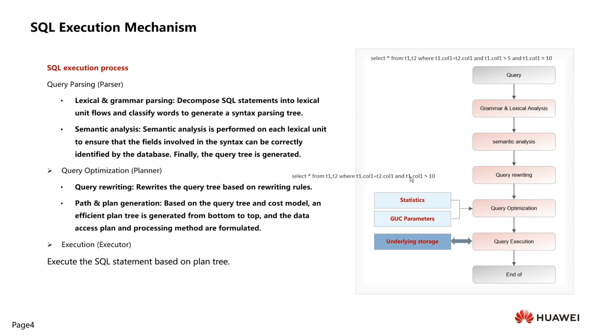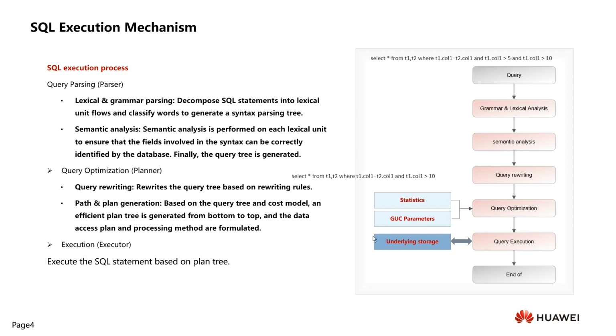Right after the query rewriting, we have path generation, which generates the efficient plan tree based on the query tree and our cost model. The cost model takes 2 important factors into consideration, which are the statistics and GUC parameters. With all this information, the cost model would give the path with the lowest cost to execute the SQL.